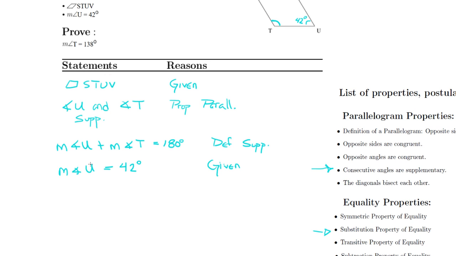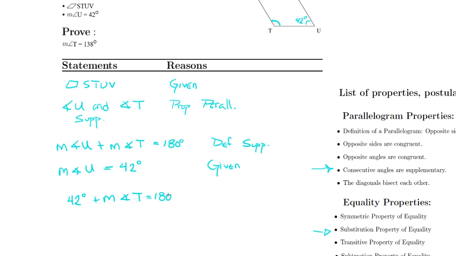Meaning, if I have two things equal to each other, I can substitute to the equation. Okay, it's very similar to the transitive, but in this case it wouldn't be the same thing. So we need to use the substitution property of equality to get that 42 degrees plus measure of the angle T is equal to 180.